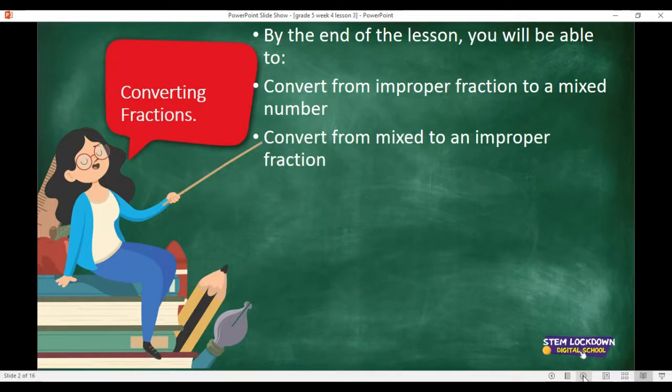Before I get on to today's lesson, I've seen from the chats that most of you were here yesterday, and I don't know who else is new and joining. So I'd love to do a recap of yesterday's lesson so that we can be on the same page. Yesterday we were doing addition and subtraction of fractions, and we looked at the rules we have to follow.